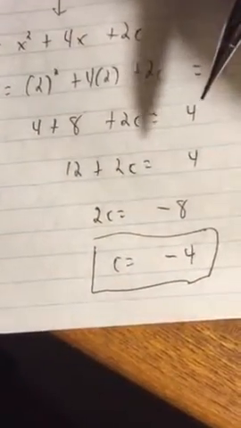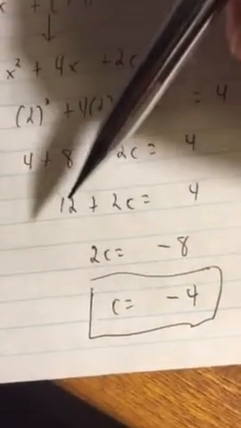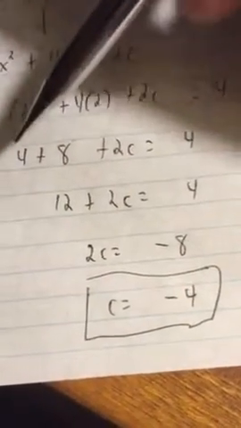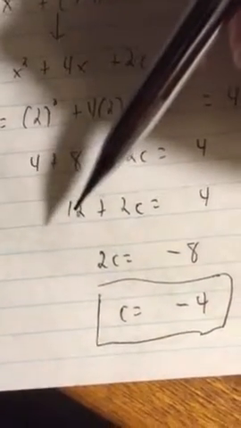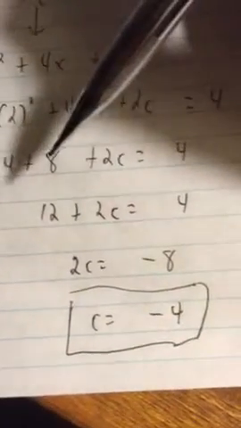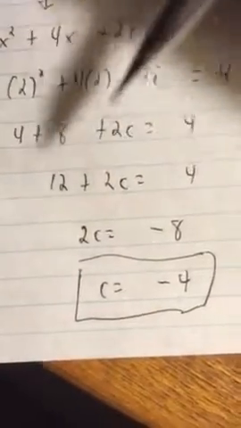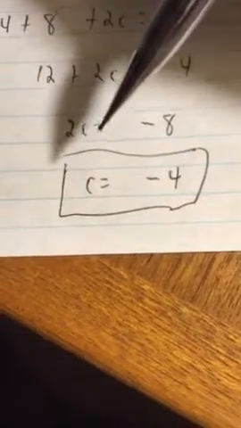In this case, I combined them first: 4 plus 8 equals 12. Then I subtracted 12 on both sides and got negative 8. If you want, you could subtract 4 first, get 8 plus 2c equals 0, then subtract 8 and get 2c equals negative 8. Either way, algebraically, it works. Last and final step, 2c is equal to negative 8. Divide by 2 on both sides, you get c is equal to negative 4.